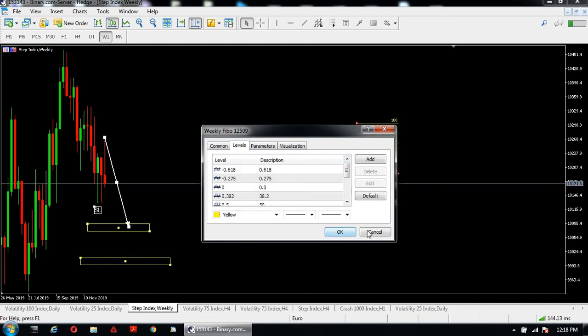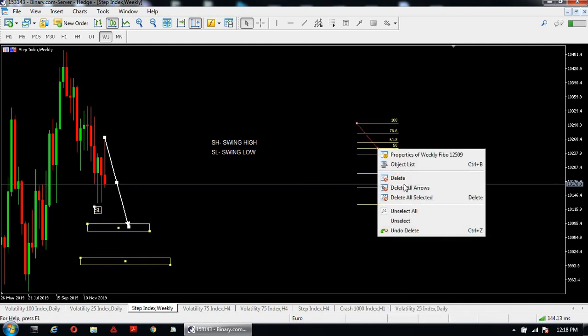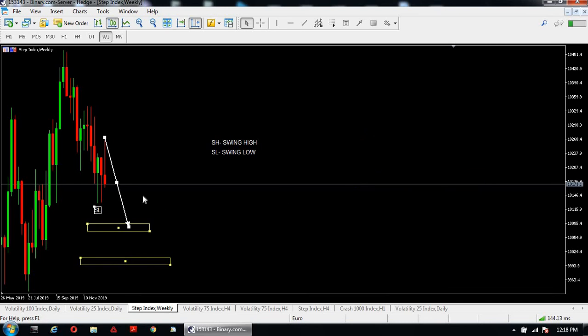So here, let's get back to our analysis and basically our thought process on the Step Index pair. I'm anticipating price to find a more impulsive movement down to this point as my first take profit point.